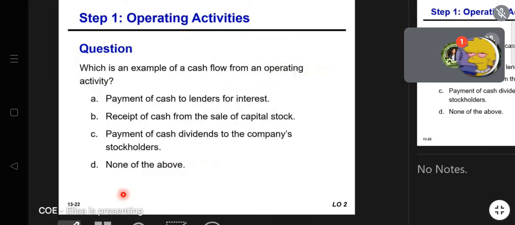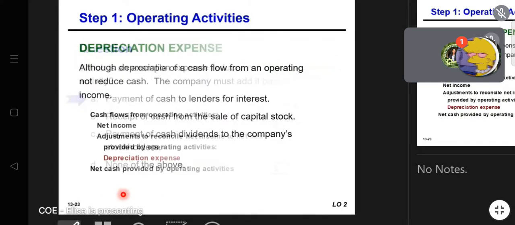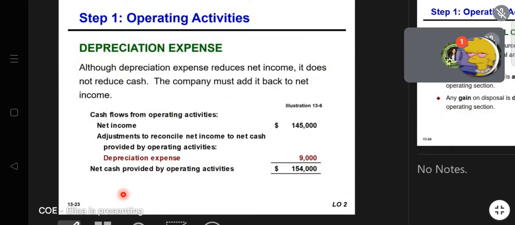So, here. So this is step 1 nato, operating activities. We will always start with the text. Cash flows from operating activities.